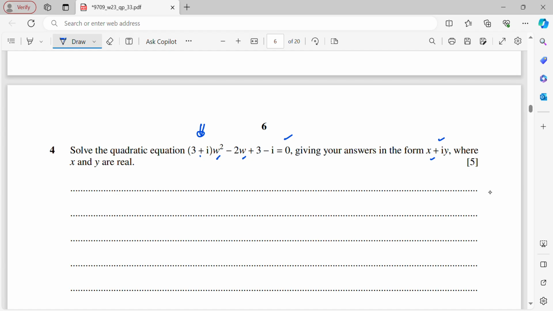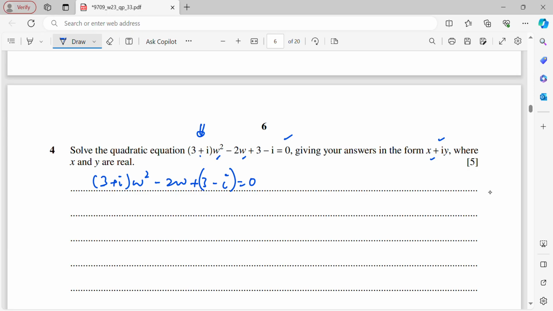Okay, so now from here, I will just copy first. Now, basically, the 3 minus i is a constant, because this is without the w.